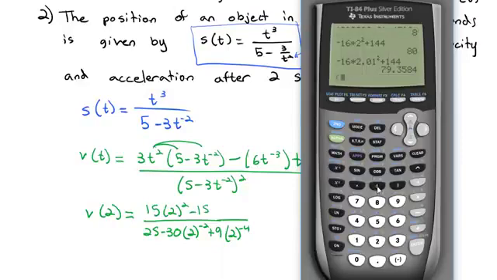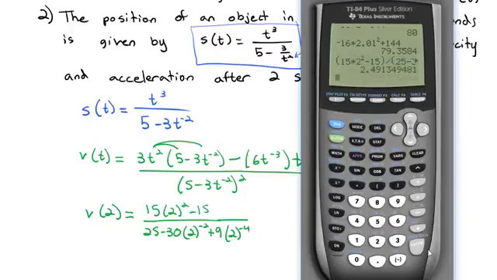Second quit to get me to the home screen. We need a parentheses around the numerator. 15 times 2 squared minus 15, close the parentheses, divided by parentheses for the denominator, 25 minus 30 times 2 raised to the negative 2 power, plus 9 times 2 raised to the negative 4 power, and then close the parentheses on the denominator.